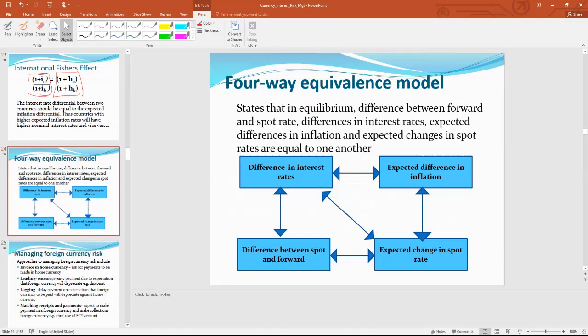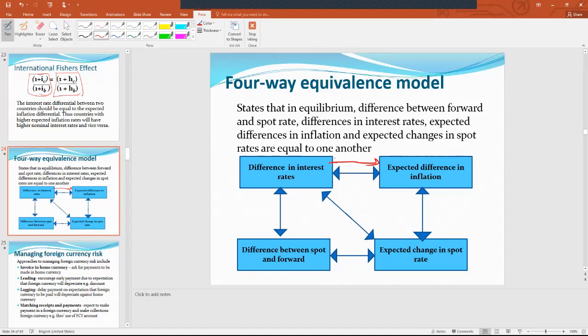Then you can combine all those theories, the international Fisher effect theory, the theory of expectation, the purchasing power parity theory and the interest rate theory, into one model, which you call the four-way equivalence theory. We see that at equilibrium, all these factors lead to the same thing: the difference between the nominal interest rates is equal to the inflation rate differential.